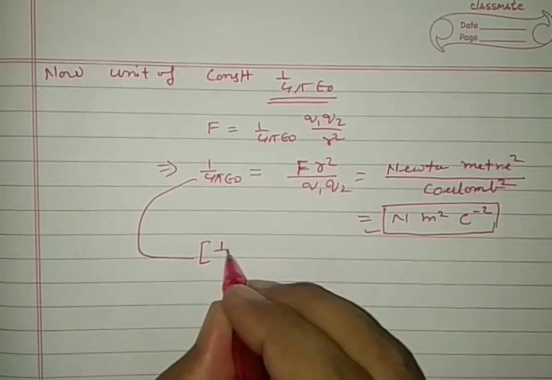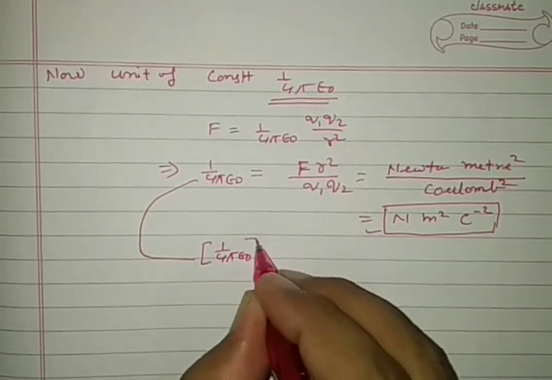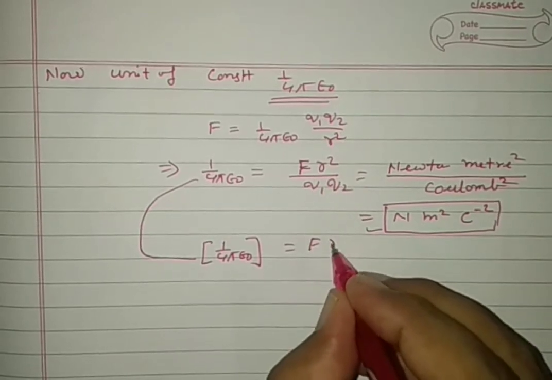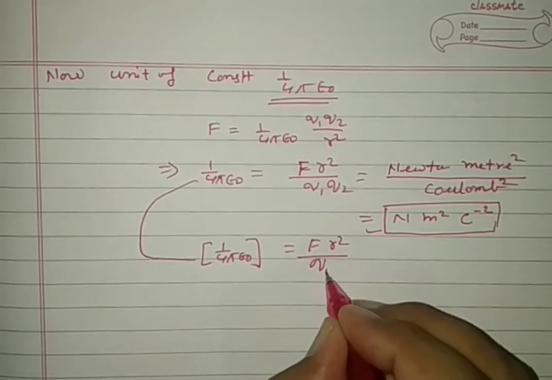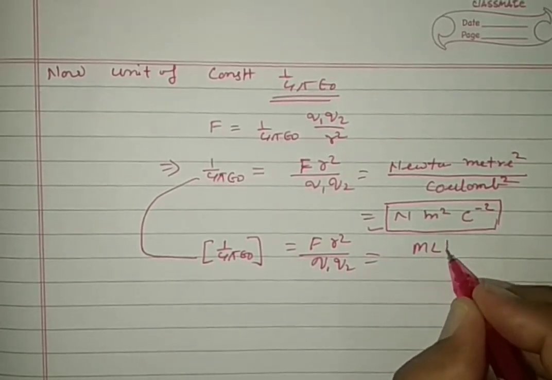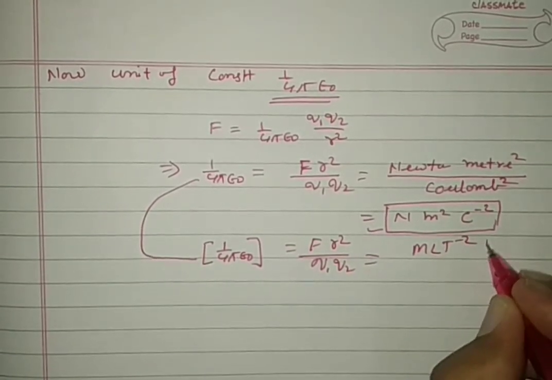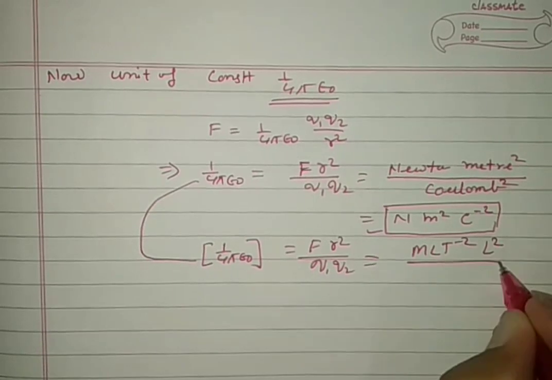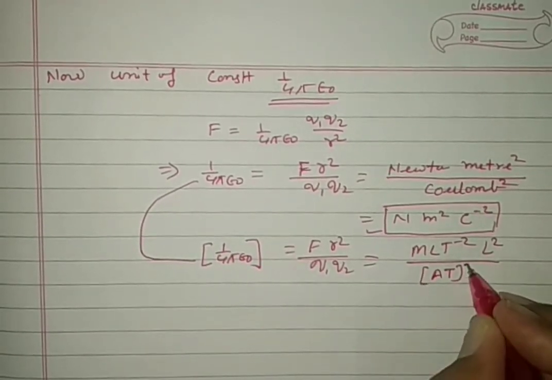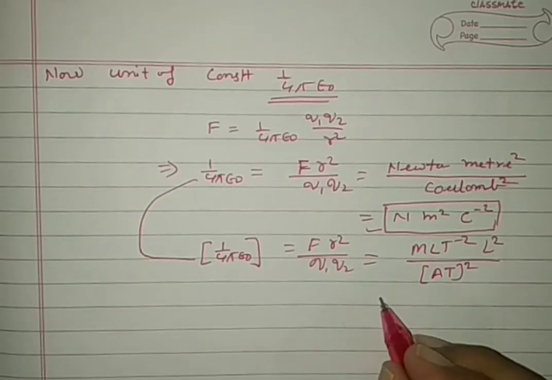Dimensional formula of 1 upon 4 pi epsilon 0 is equal to F R square by Q1 Q2. Force dimension is M L T minus 2, R square is L square, divided by A T square. See carefully.